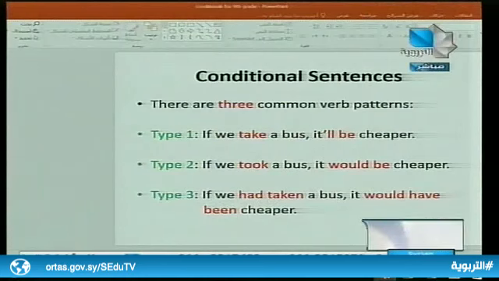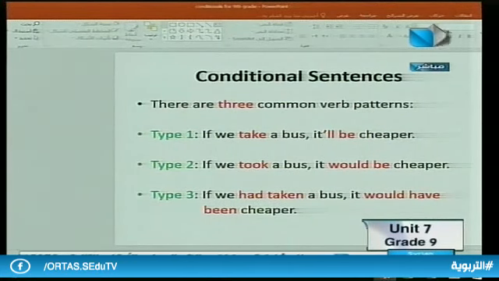Now, type 1 contains if plus, of course, a subject and a present simple. So in the if clause, we have a present simple. Now, what do we have in the second part? We have will plus verb 0, or the base form. Each type has many references.